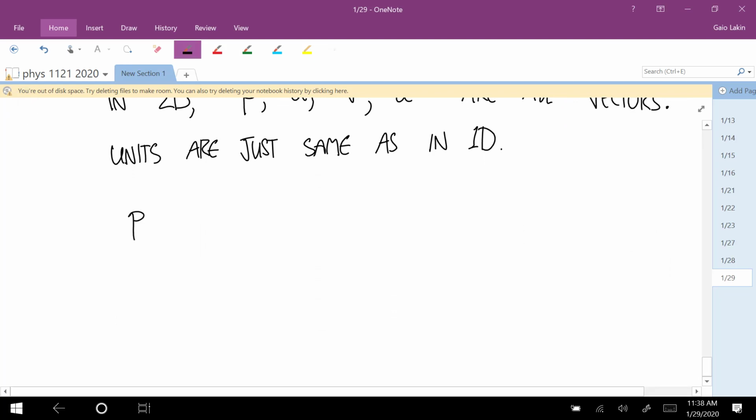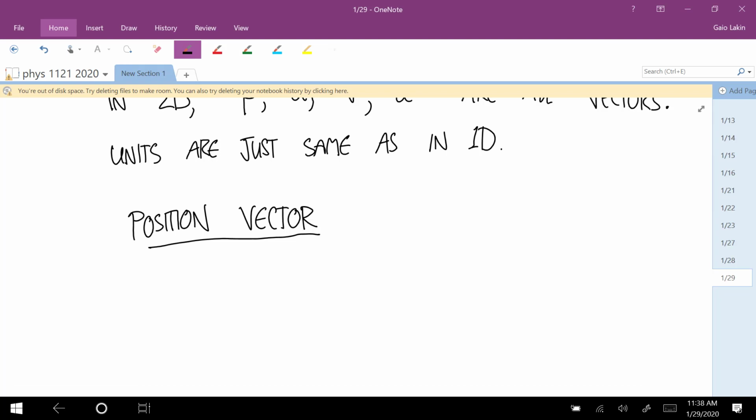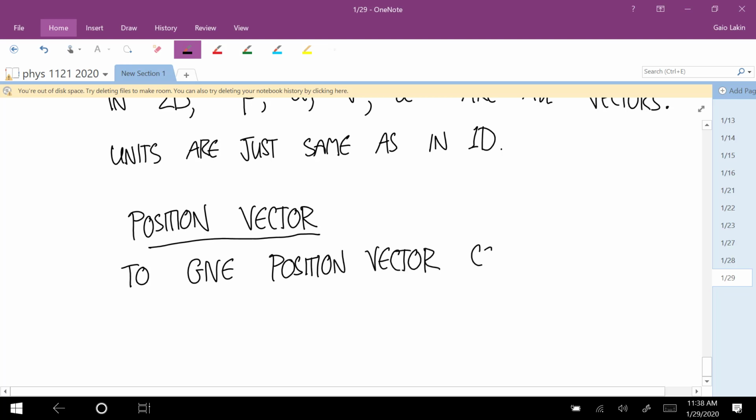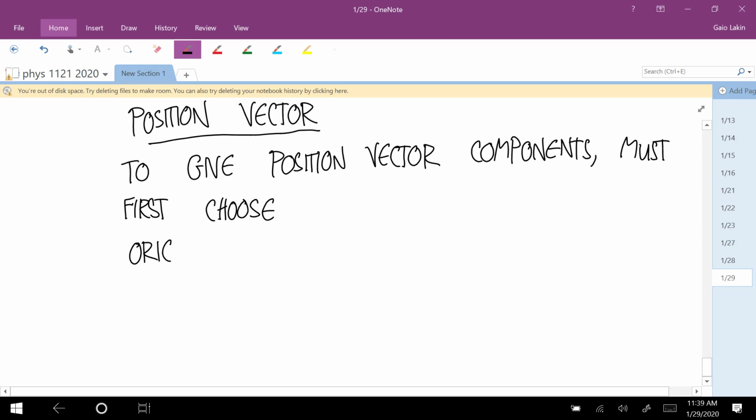So the first thing we have to define is the position vector. And to give position vector components, you must first choose an origin location and a coordinate system orientation.